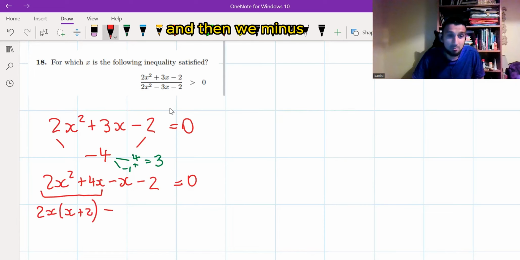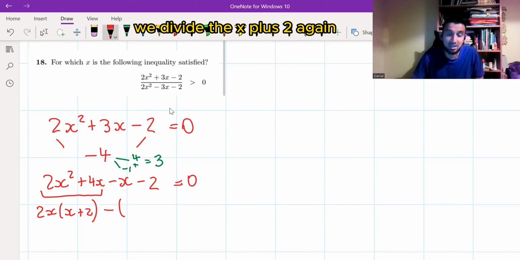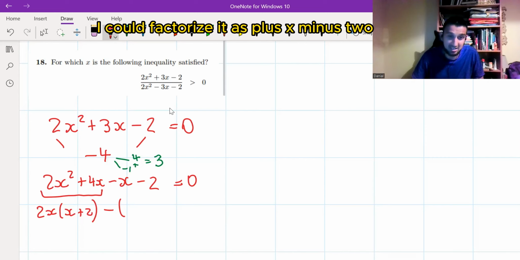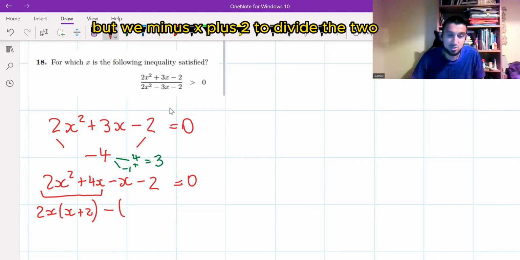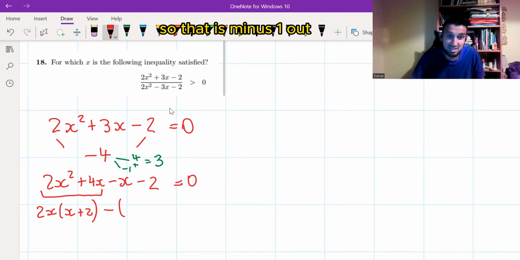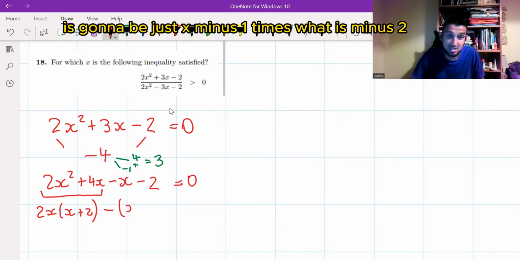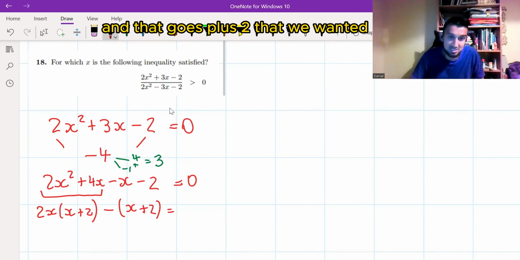And then we take out a minus, because we want to get x plus 2 again. I could factorize it as plus x minus 2, but we want to get x plus 2 to combine the two. So it's better to take minus 1 out. Minus 1 times what gives minus x is just x. Minus 1 times what gives minus 2 will give us a plus 2, that we wanted.